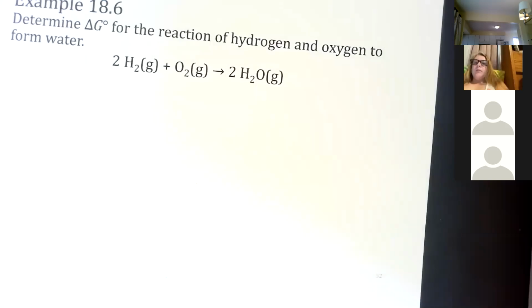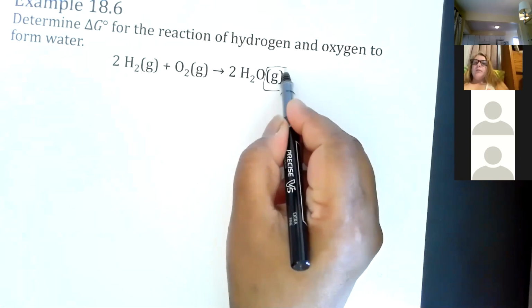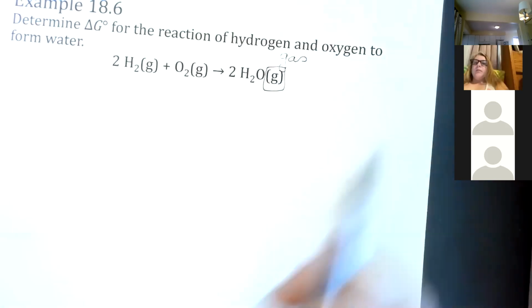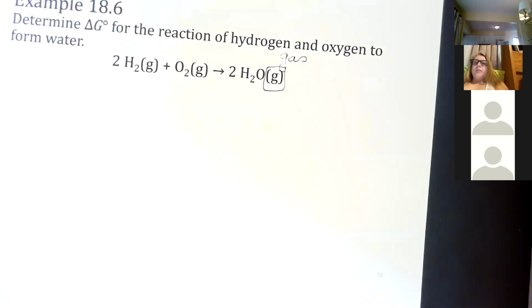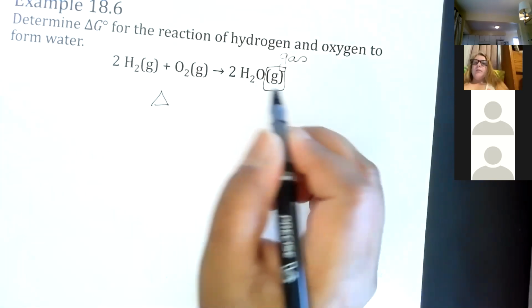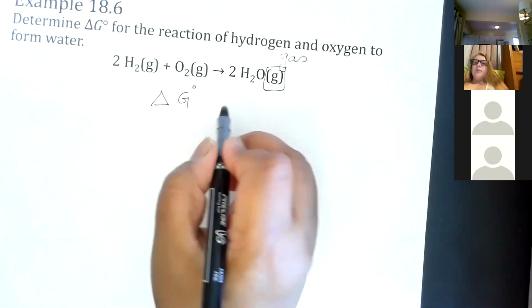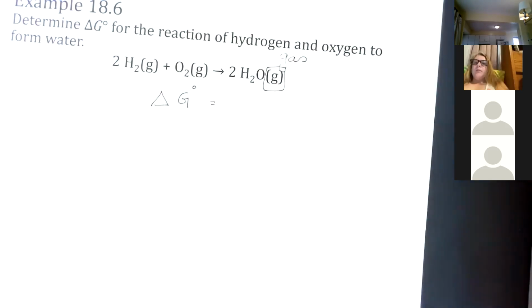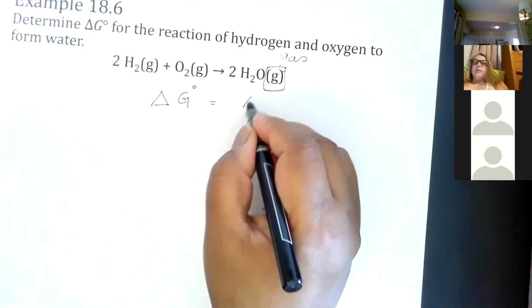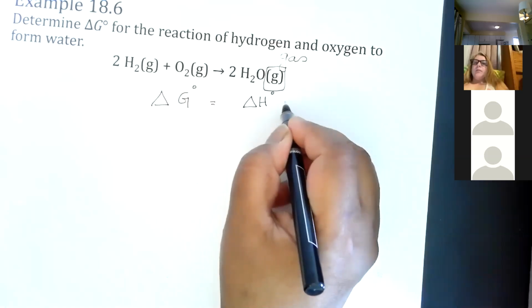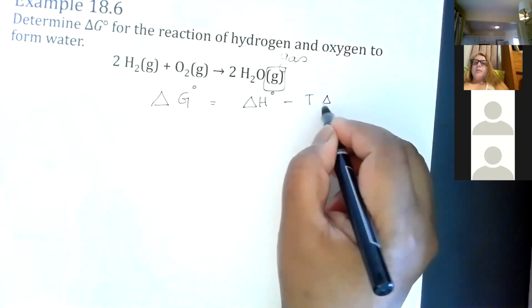So we are going to calculate delta G for this reaction. Now, remember, this is a gas here. So you have to look up correct values. And then what did we say? Delta G is, I think we did this problem before, so I might have values. Delta G 0, because it's at 25 degrees centigrade.